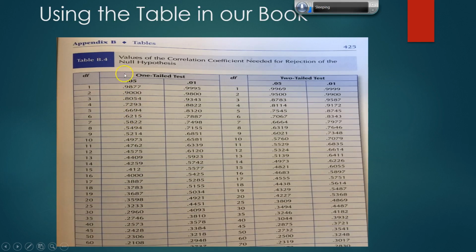So we're going to eliminate the 0.05 column and just look at the 0.01 column, and we see that for 18 degrees of freedom, the critical value is 0.5155. 0.5155 is the value that we will either exceed or not exceed with the correlation that we are bringing over.